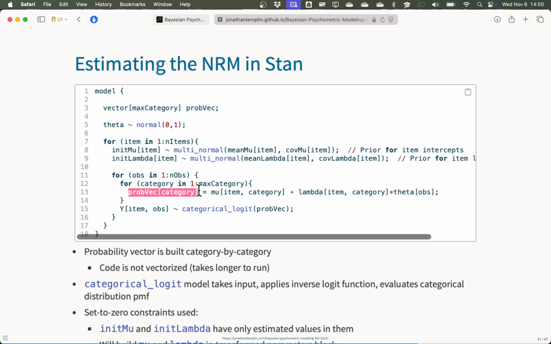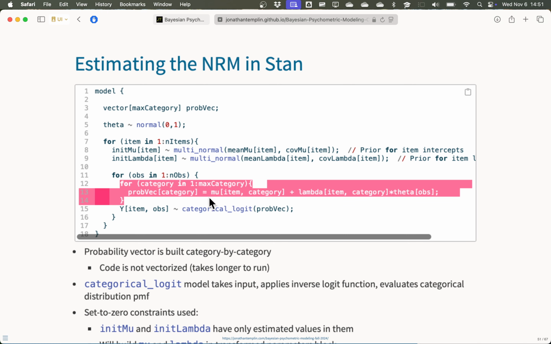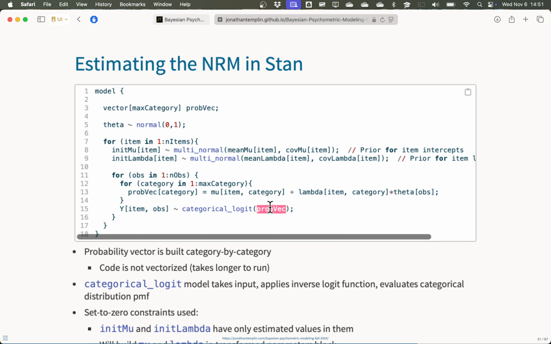Not each category minus 1, but each category. So I start off with probvec, and I tell it that for each category I need to have its mean, and I need to have lambda for that category times theta. So this is my probvec vector. So here I form up each of the linear predictors. Once I have that, I put that into the categorical logit function. And that ends up working out.